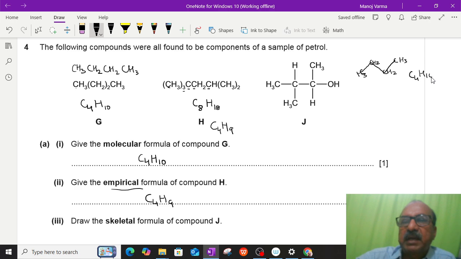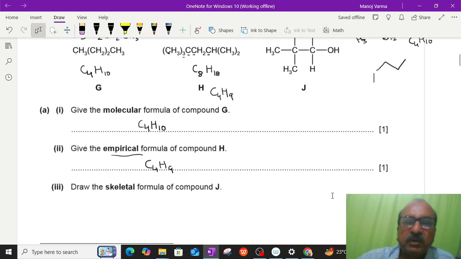If you were asked to write down the skeletal formula, then you would simply write it like this. This is the meaning of a skeletal formula. In the skeletal formula, you don't have to write down the carbons and the hydrogens, but you will have to show the OH group, because the OH group you will have to show. So let's see how you will write it.